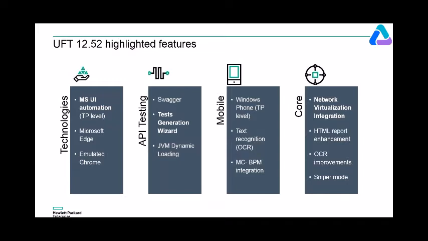The last thing that I would like to highlight in this slide is the network virtualization integration. If you're not aware of what network virtualization is, this is a new product, actually a product that we purchased from a company named Shunra, which is now part of our HPE portfolio. And this network virtualization allows you to simulate different network conditions, either different geographies or different 3G, 4G, or whatever network condition you would like to simulate, and to have it integrated into UFT.